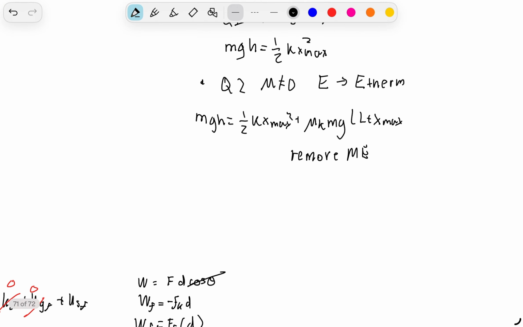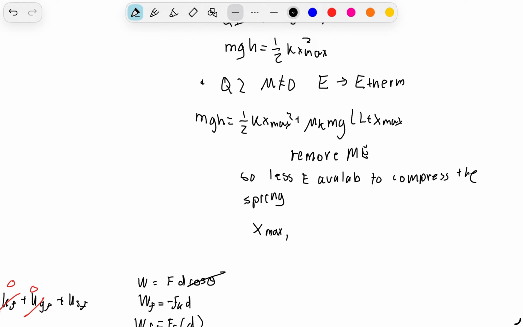So that means we have less energy available to compress the spring. Therefore, that means that the X that you have maximally when you have the rough surface is going to be less than the X maximum that you have when you're frictionless.